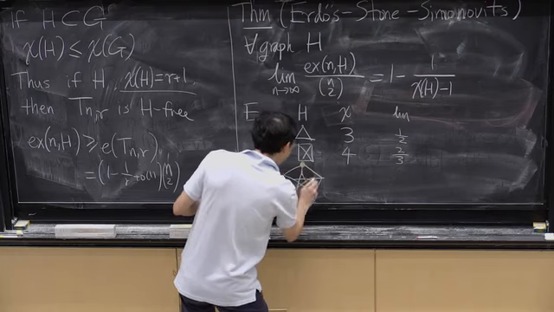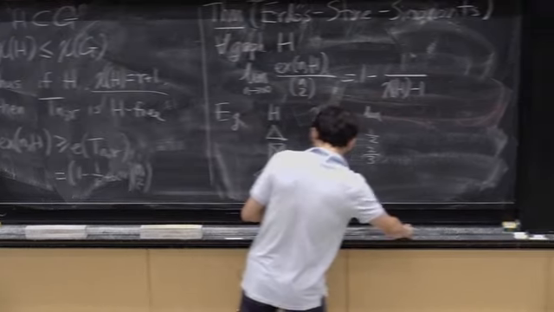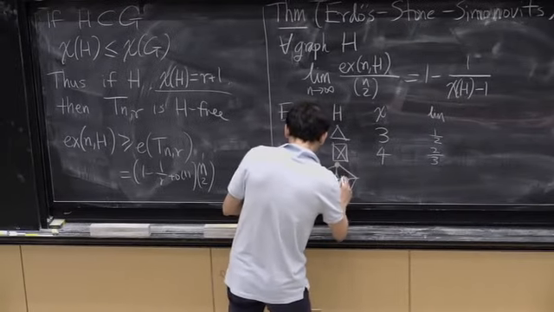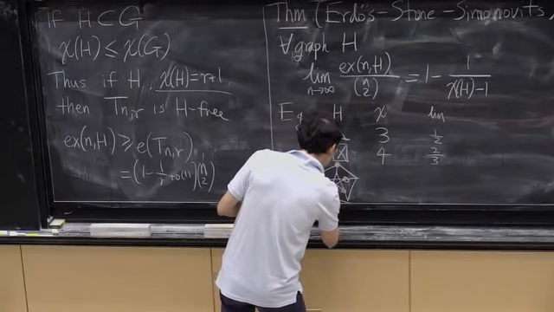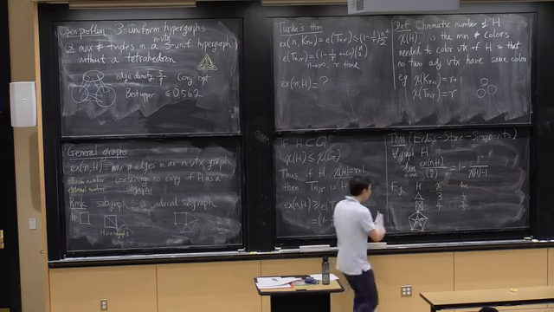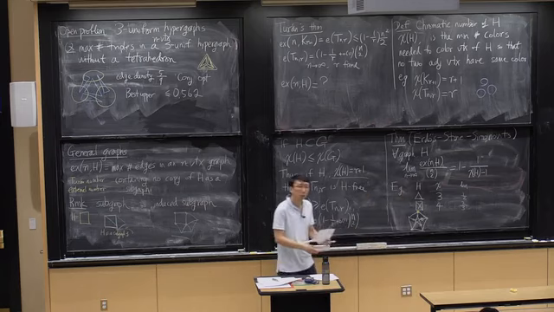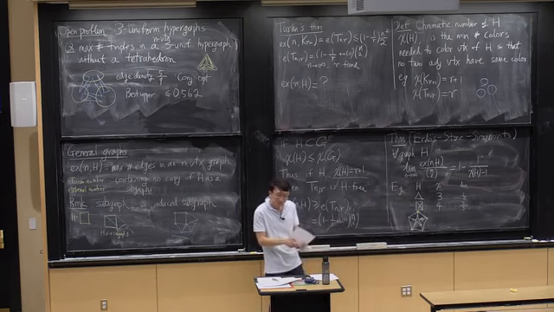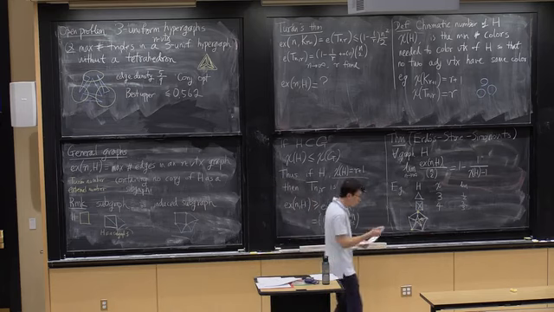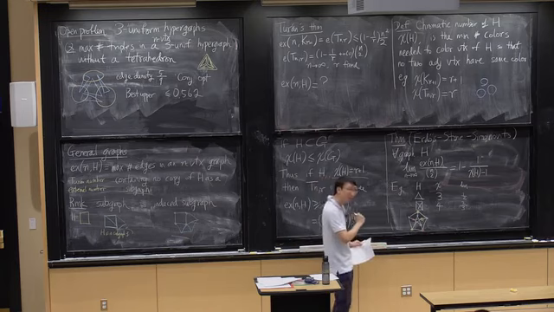But let me just show you a 3-coloring of the Petersen graph. And the third color is like that. Okay, so that's a 3-coloring of the Petersen graph. That's chromatic number 3. It's not 2. So why is it not 2? It's not bipartite. It has a 5-cycle, which cannot be 2-colored.